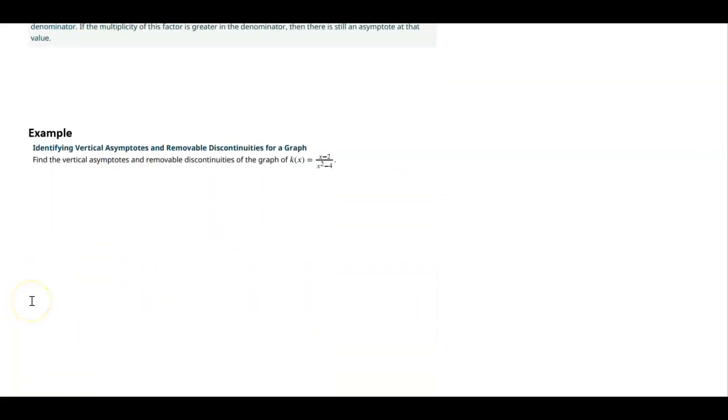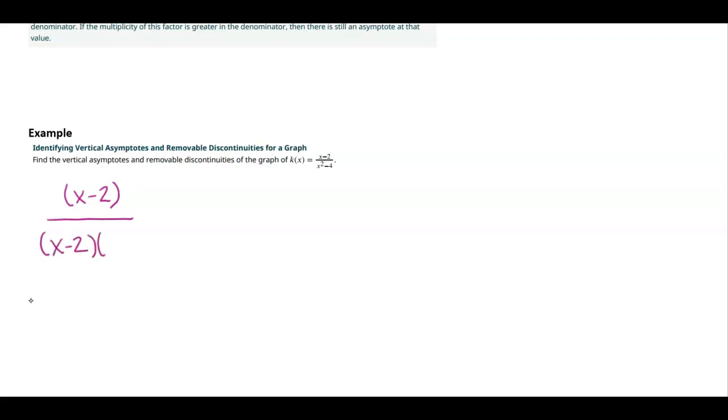Let's look at an example. Find all vertical asymptotes and removable discontinuities of this graph. So I notice that I have the factor x minus 2 in the top, and I have a difference of squares, x squared minus 4, in the denominator.